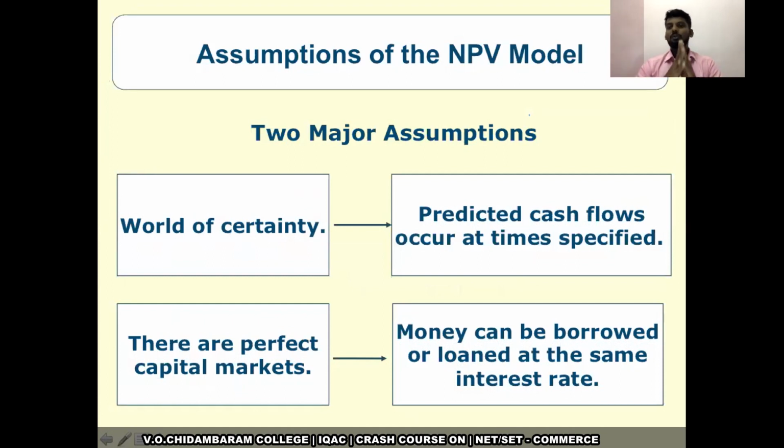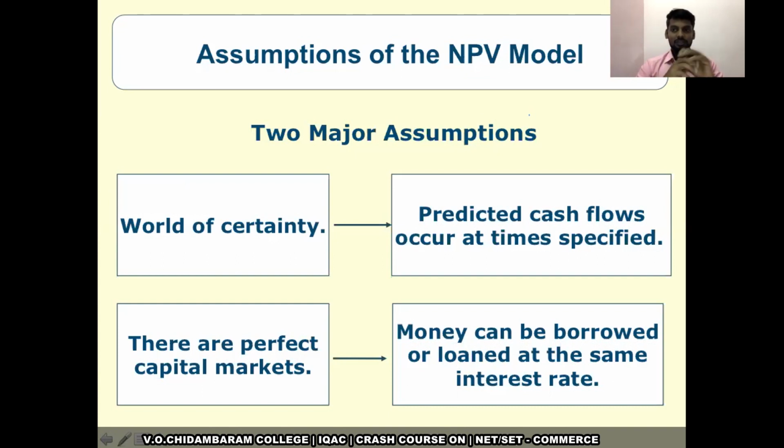And the NPV model works under two basic assumptions. The first assumption is a world of certainty. It means that you're going to earn profit for certain, which means whatever cash flows we have decided well in advance, we are going to get in the future. There is no uncertainty involved. Uncertainty means there would be a change in the cash flows.